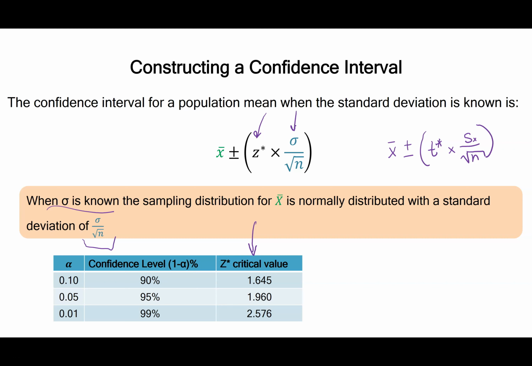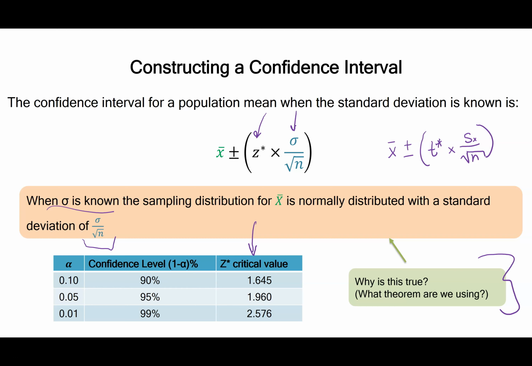They're also given at the bottom of the t-table. It's handy. Are you expected to memorize them? No. I've used them enough that I probably won't forget them for a while, but we don't really expect people to memorize numbers here. So definitely something to consider. Why is this true? What theorem are we using? Hopefully this is familiar. Just a few slides ago.